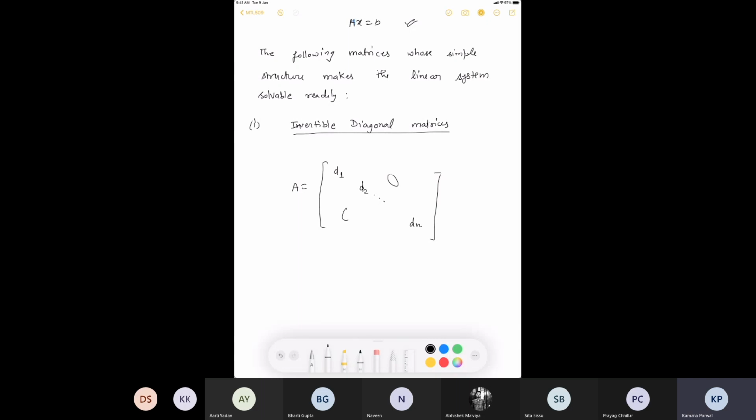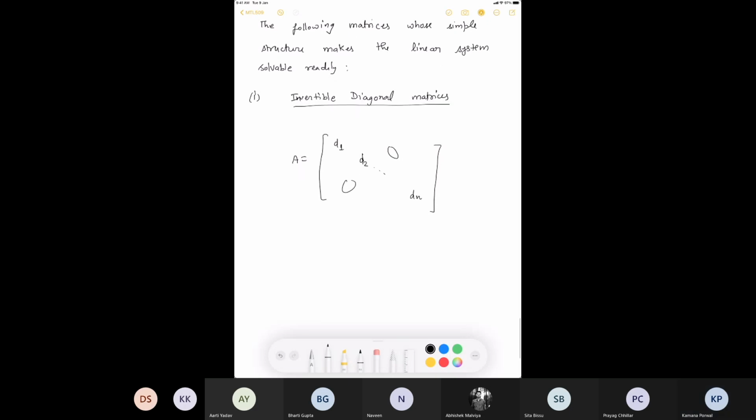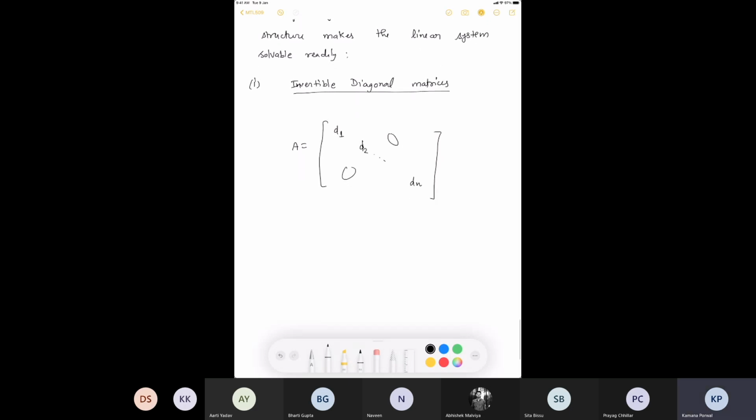And rest all the entries are 0. So this is how the diagonal matrix looks like. Since this is invertible, I'm going to assume that di is not equal to 0 for all i.